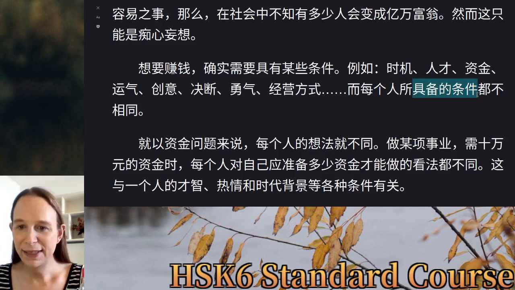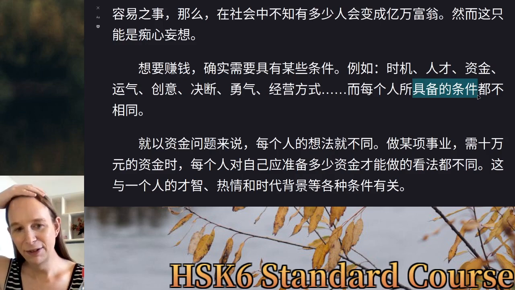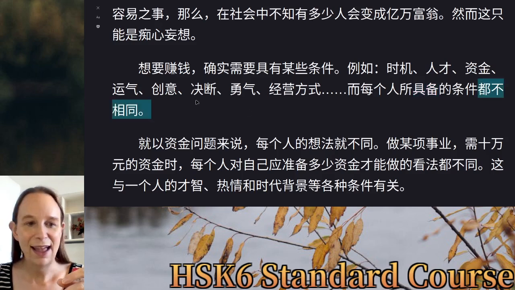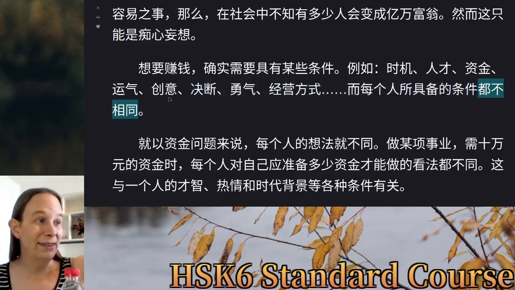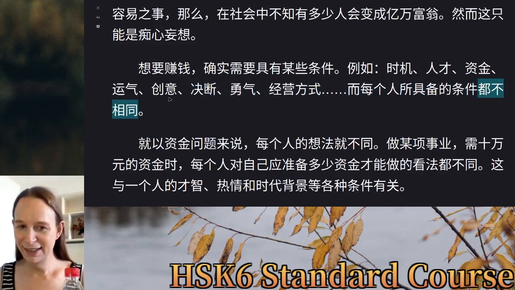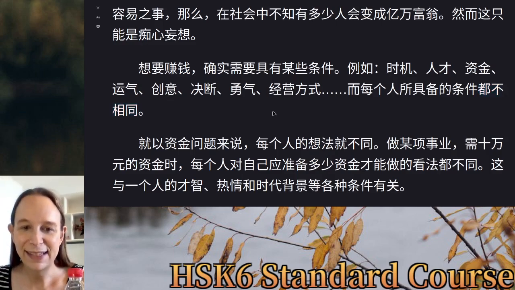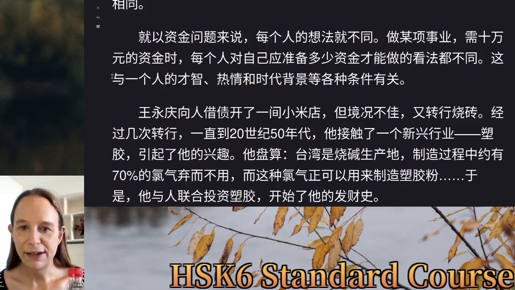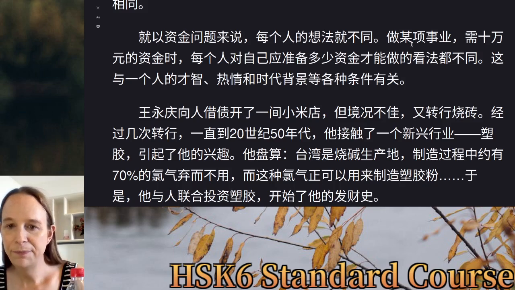So the prerequisite conditions you possess are not identical. So that person over there possesses different prerequisite conditions to me. Basically he would have a different background, skills and training and whatnot. 就以资金问题来说，每个人的想法就不同。All right.